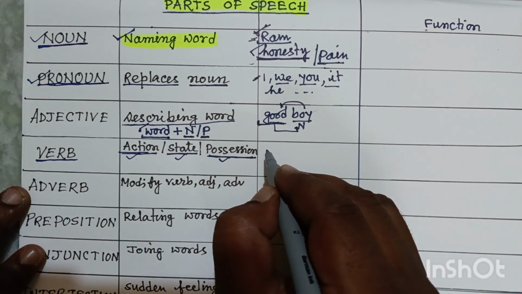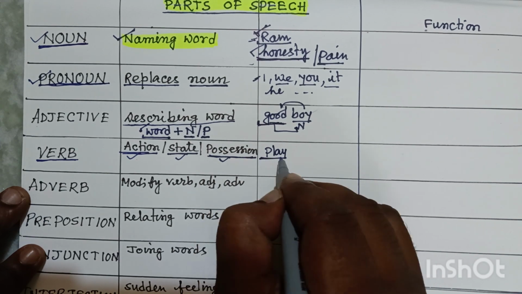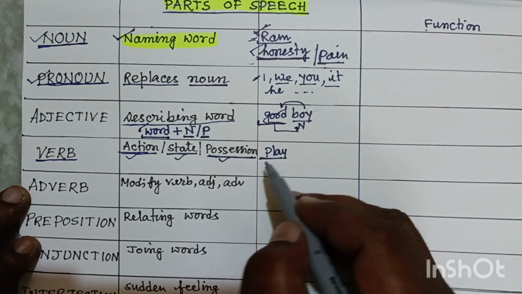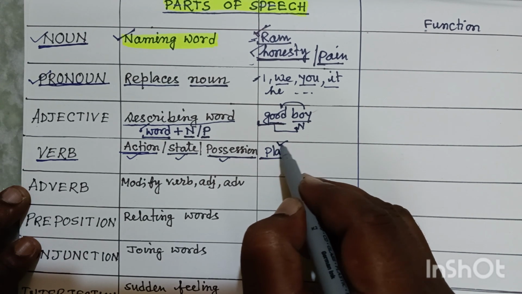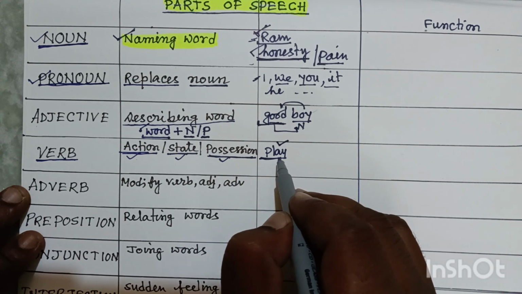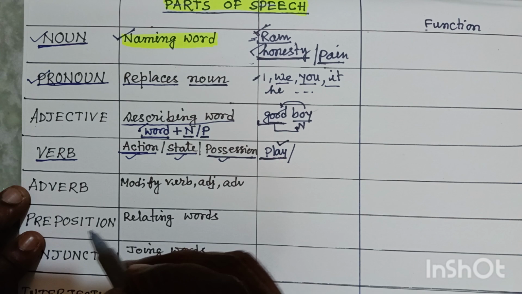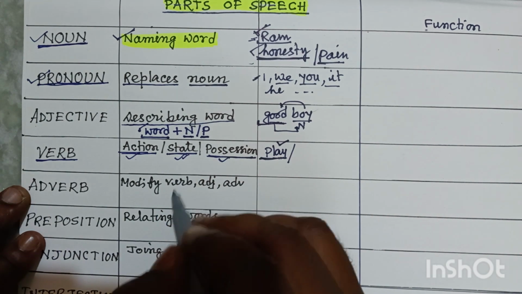Just like this one, suppose play. If this word is used in a sentence, whenever it shows an action, at that time it will be called a verb. State means, friends, there are different types of verbs which show the state.